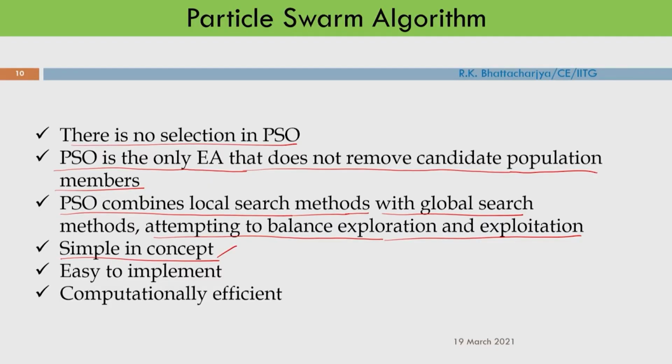I can show you that this is a very powerful algorithm in finding the global optimal solution of a function, and it is easy to implement. The code is very simple and computationally efficient. So, this is all about particle swarm optimization.